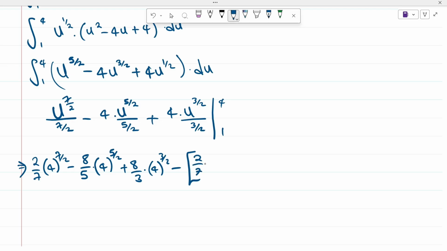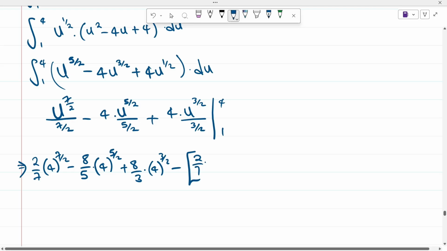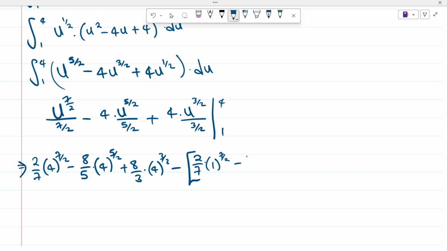So 2 over 7 multiplied by 1 to the power of 7 over 2, minus 8 over 5 times 1 to the power of 5 over 2, plus 8 over 3 times 1 to the power of 3 over 2.